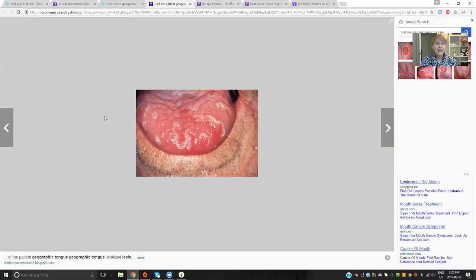So this is something called, now it could be called a couple things. We typically call it a geographic tongue. It could be called ectopic geographic tongue. Those are kind of the main names for them, but this is normal. Now, my brother actually has this, and sometimes you see it on his tongue, and sometimes you don't.